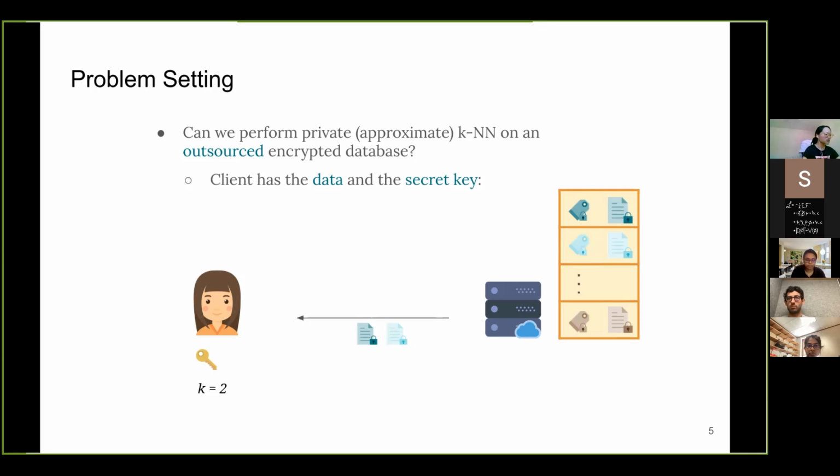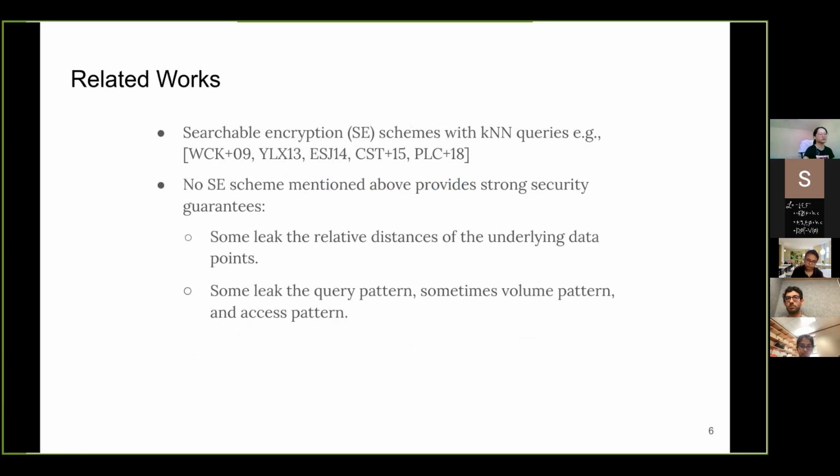Such encryption explicitly targets the outsourced setting, offers privacy preserving solutions for accessing the encrypted data, and provides data protection on both the query and the database. And there are multiple works that propose SE schemes with KNN queries, and we listed a few references here.